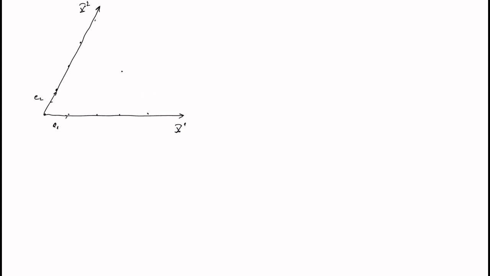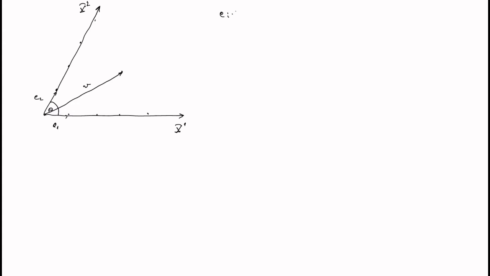Let's just leave one atom. The angle between these is theta, and this atom is at a distance from the origin described by the vector v. And the question is now, what are the components of this vector in this basis?